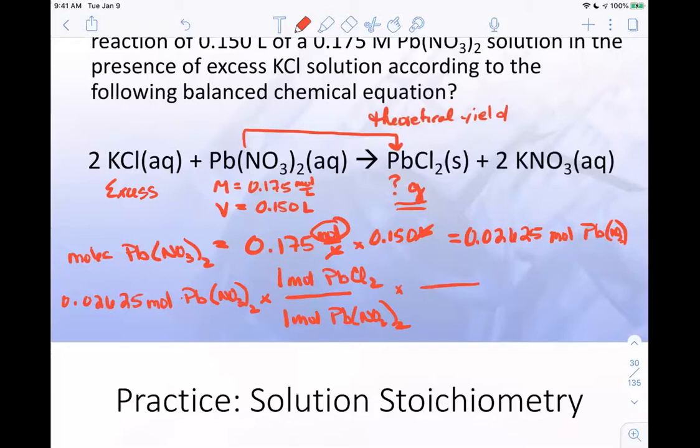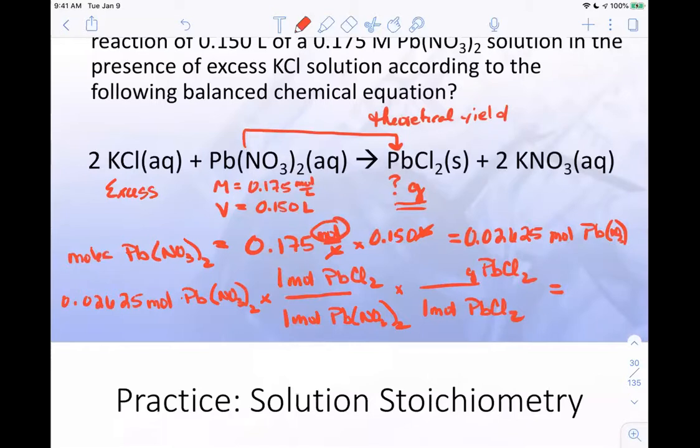So to get the grams that could theoretically be produced, I'm just going to put in the molar mass of lead 2 chloride. Let me find my periodic table. I have got lead, which is 207.2.